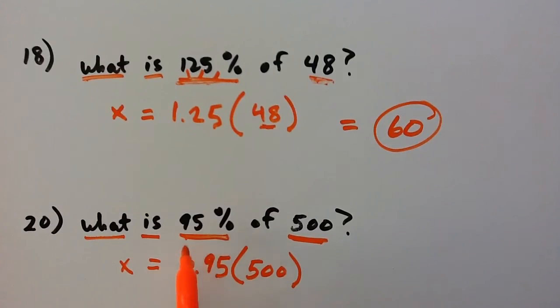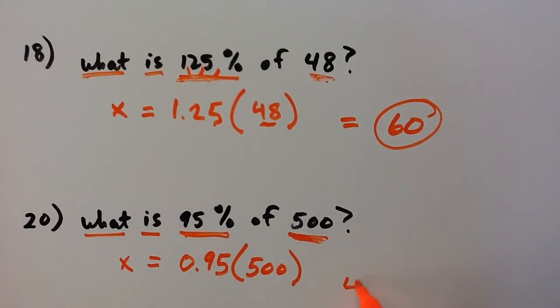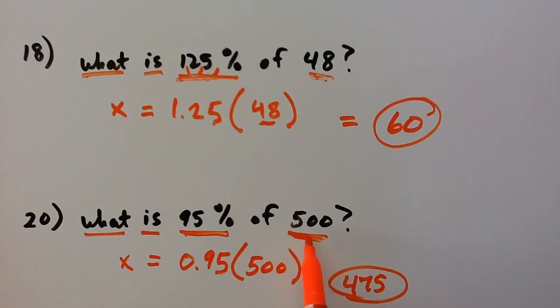Now, 95% is almost 100%, so if we take 95% of this number, we would expect that the number we get is close to 500. If you put 0.95 times 500 in your calculator, you get 475, which is 95% of this number. It's pretty close to 500.